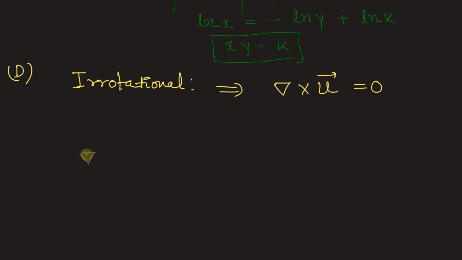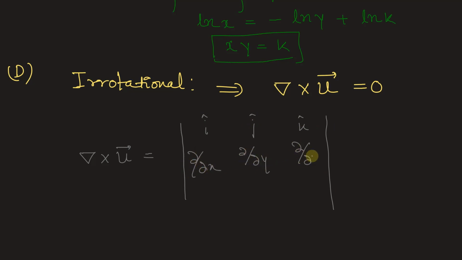We can calculate the curl of a vector like this: i, j, k; dou by dou x, dou by dou y, dou by dou z. Remember that curl is always a 3D property of a fluid, so we must write all three terms, even though the flow field is 2-dimensional.